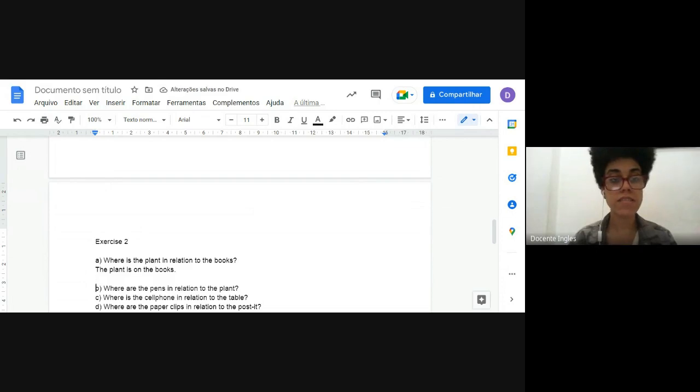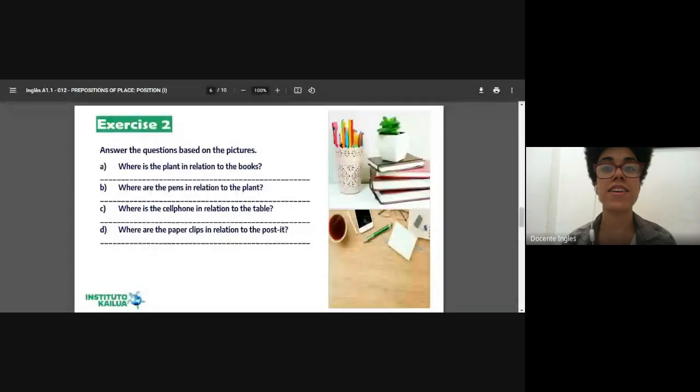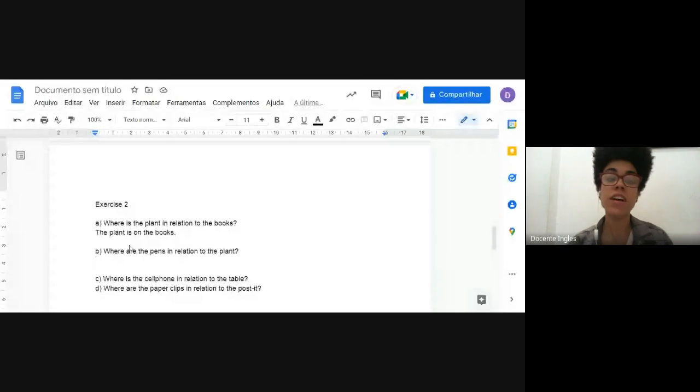All right? So now we have, where are the pens in relation to the plant? Let's take a look at the picture again. Where are the pens in relation to the plant? Are they touching? No. So can we use beside? Yes, we cannot use next to.